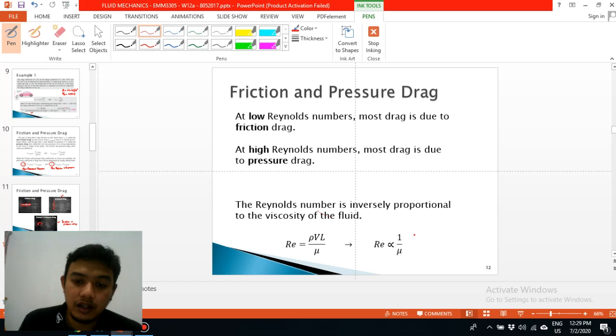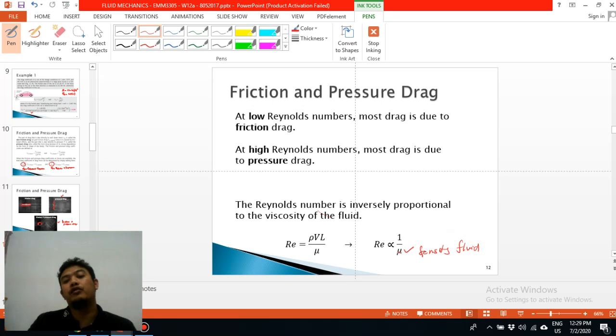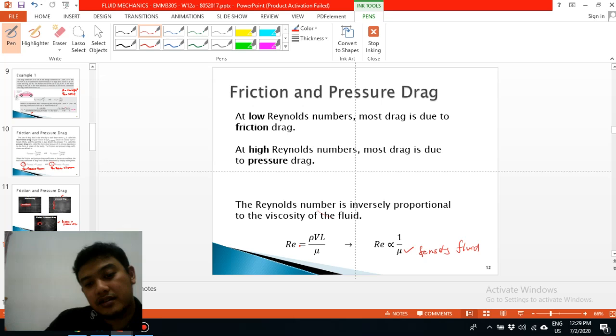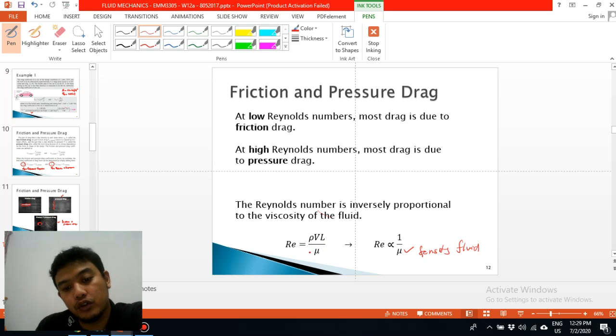So Reynolds number is proportional to the density of the fluid. This means if we have higher density, we will produce higher Reynolds number.